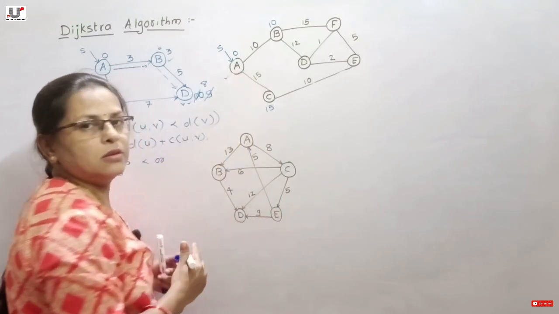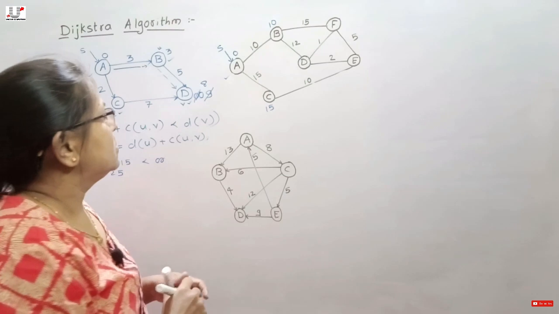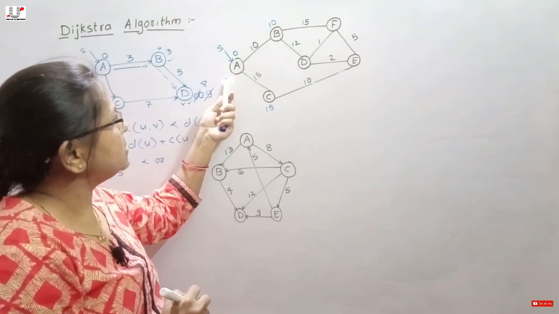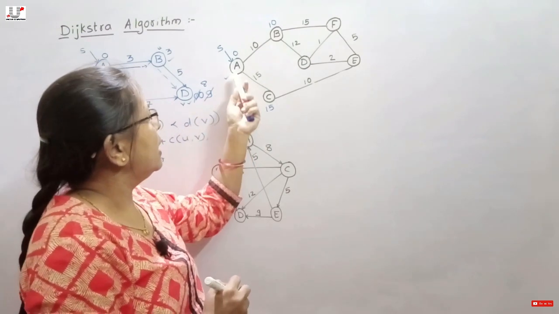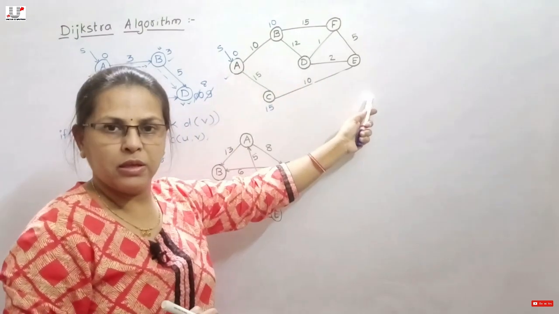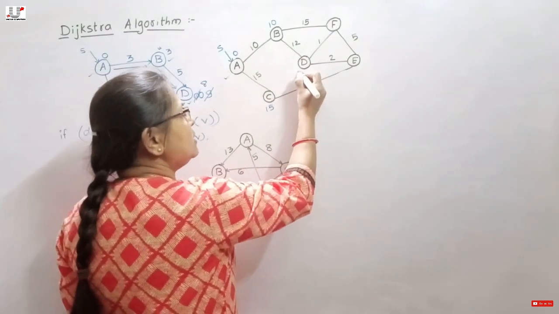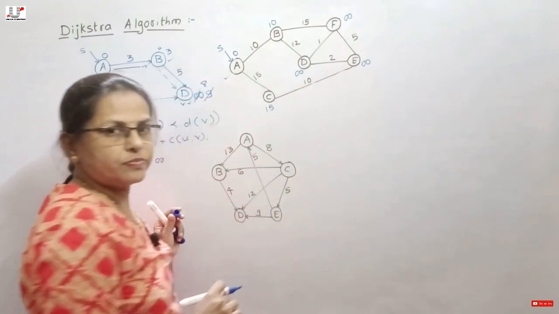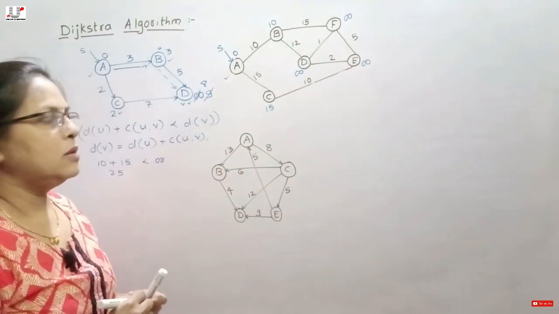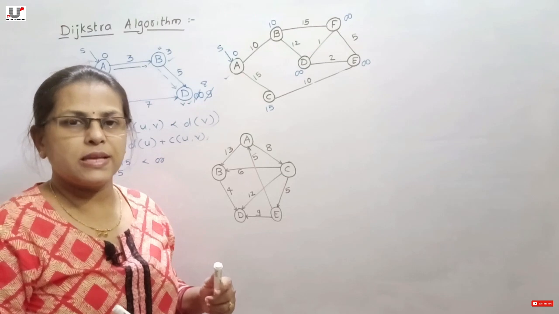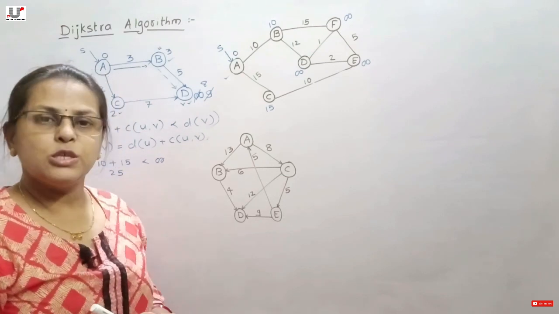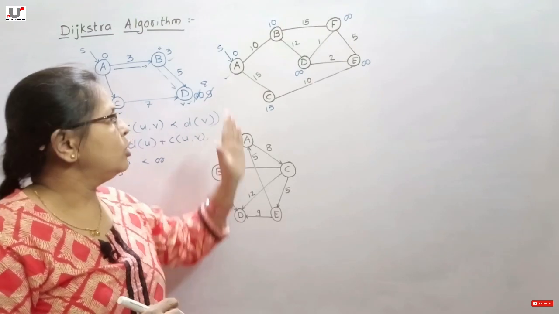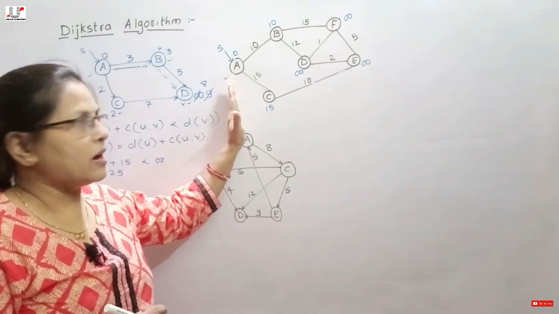Now A is marked as visited. As there is no direct edge from A to D, A to F and A to E, mark those distances as infinity. Now Dijkstra always says to select the smallest vertex, or the smallest edge, from the graph.